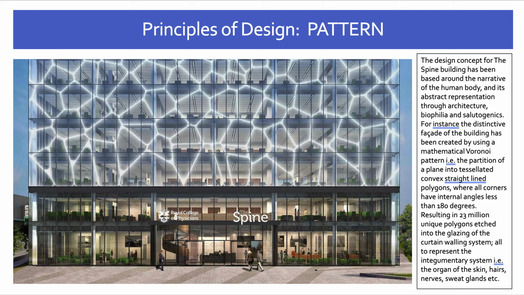It's tessellated, convex, straight-lined polygons where all the corners have internal angles less than 180 degrees, resulting in 23 million unique polygons etched into the glazing of the curtain wall system, all to represent the integumentary system, which is the nerve system, the nerve center of skin, hair, sweat glands, etc. And this has to do with what the client does and represents.